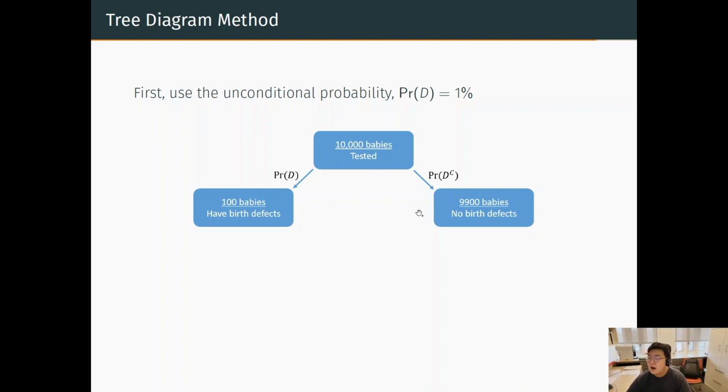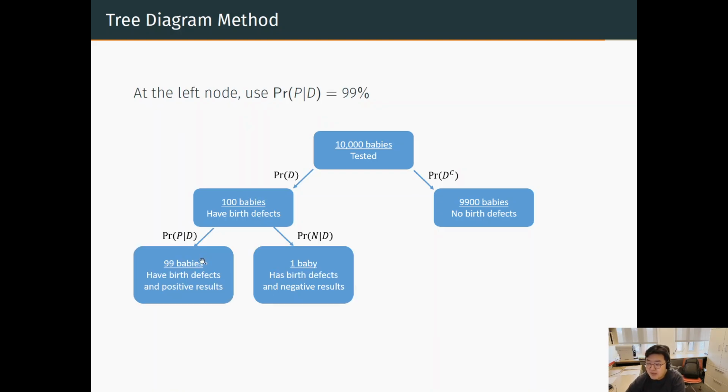Okay? Then think about you got 10,000 medical charts about babies, and 100 is on this pile and the other 9,900 on the other side. And among 100 babies, 99 babies will correctly get positive result because that is the detection rate.